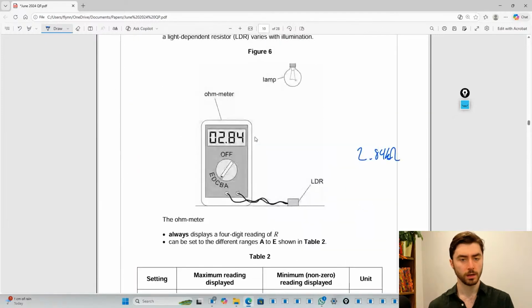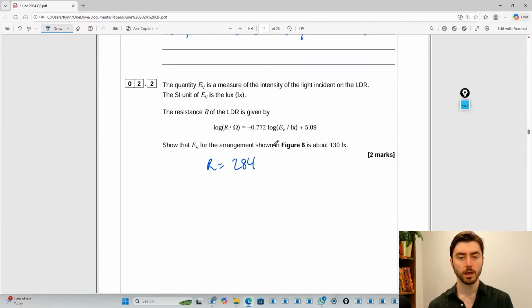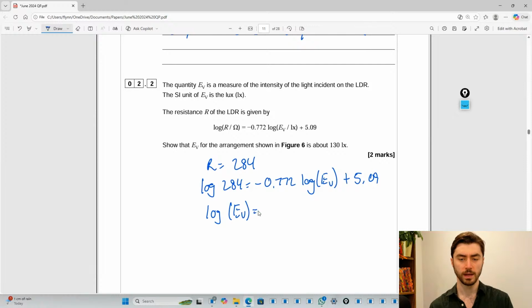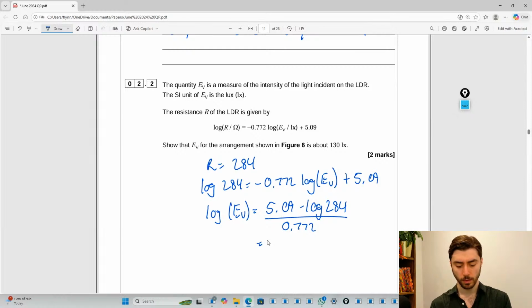284. So log of 284 equals minus 0.772 log of EV plus 5.09. And we can rearrange this to solve for EV. So log of EV is 5.09 minus log of 284, all over 0.772, which when I run that in my calculator gives log 10 of 284 all over 0.772.